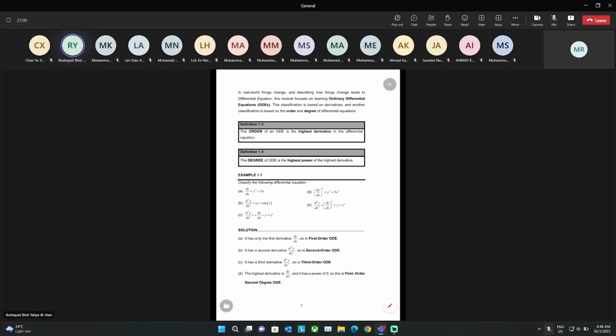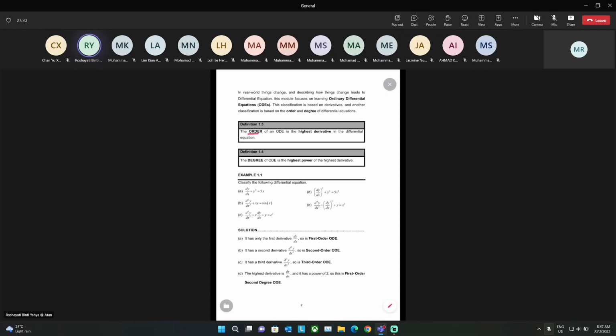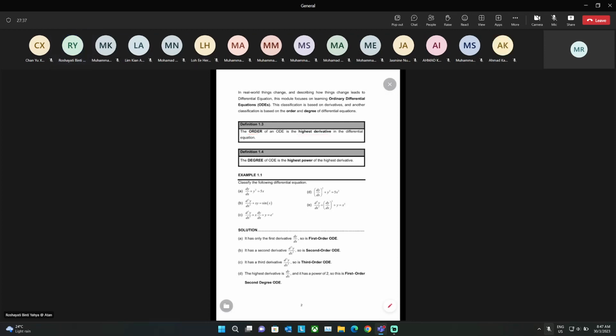Again, order. For example, if you have a differential equation, dy dx, for example, function y plus dy dx, what is the order of the equation? The order of an ODE is the highest derivative in the equation. And how about the degree?